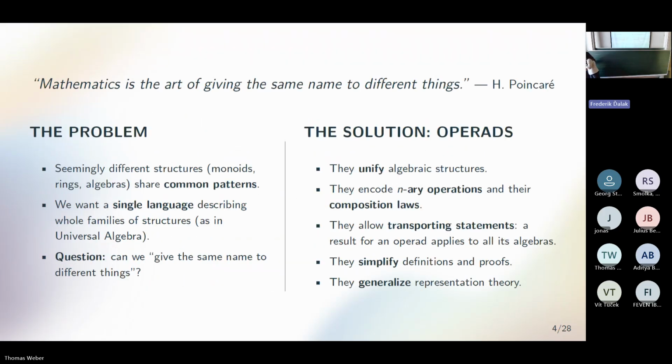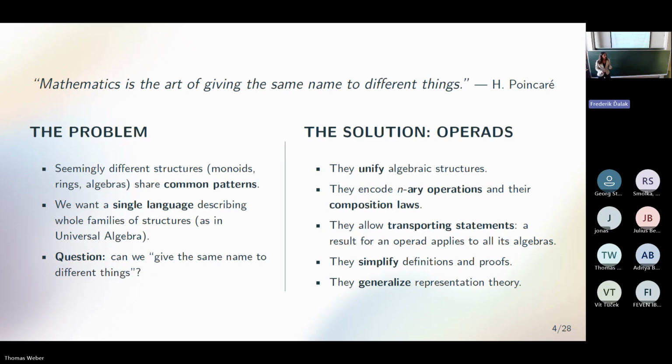Okay. Let me start with this quote by Henri Poincaré. Mathematics is the art of giving the same name to different things. I like it very much because I think that it really captures the spirit of operad theory, because in algebra we have many different algebraic structures like monoids, rings, algebras, which at first glance look very different, but when you look at them from a more abstract perspective, then you see that they share common properties like the existence of an associative multiplication or a unit.